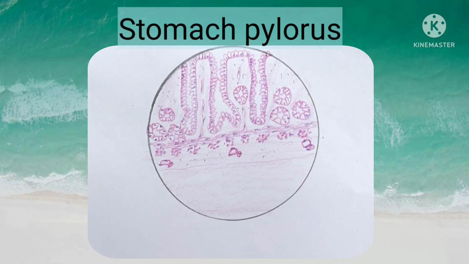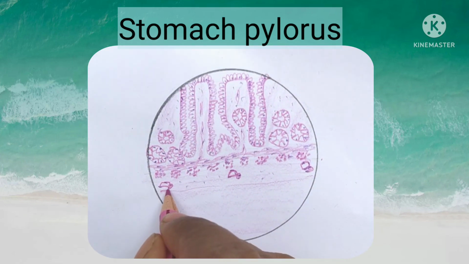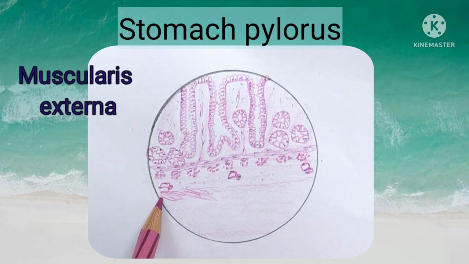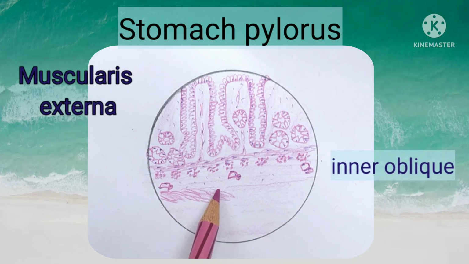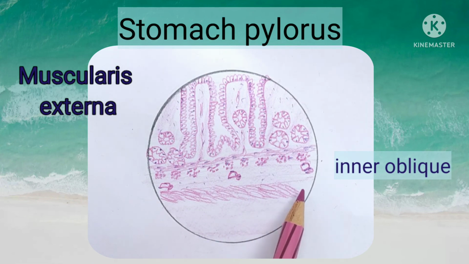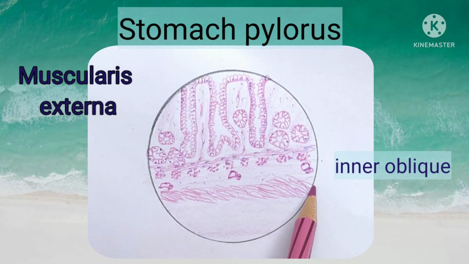Next is the muscularis externa, which is similar to the stomach body. The inner oblique, middle circular and outer longitudinal layers, the thickest muscle layer you have in the stomach.